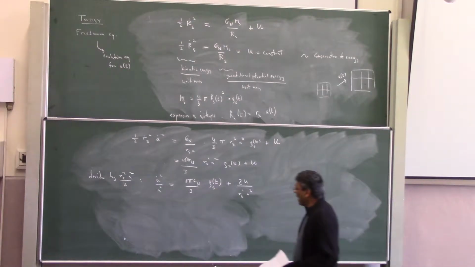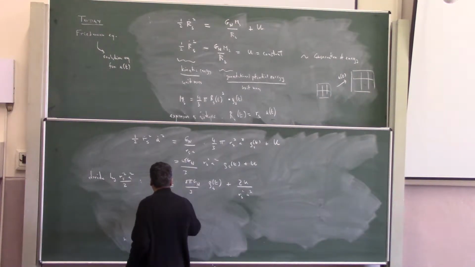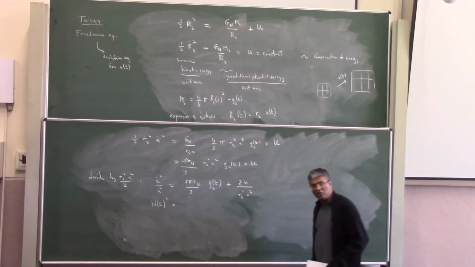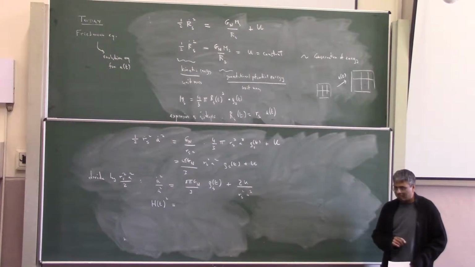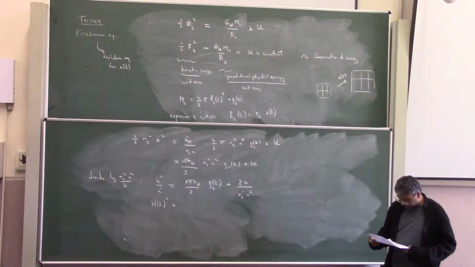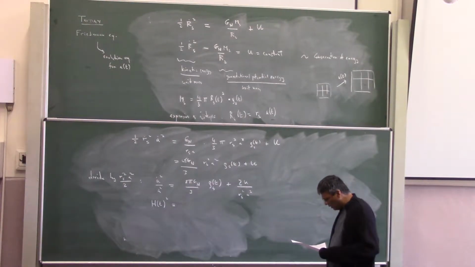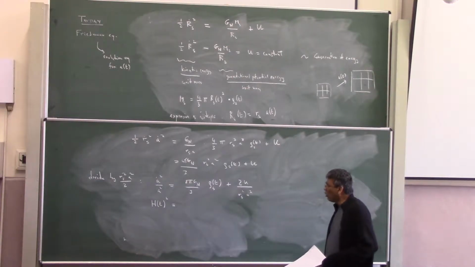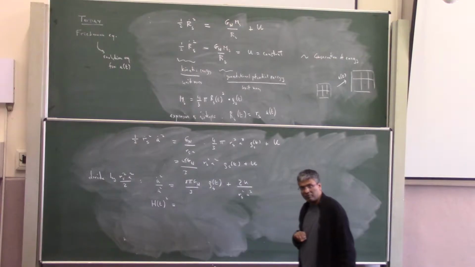And we notice that A dot over A is H of t, so we have an equation for the Hubble parameter as a function of time. We only see the ratio A dot squared over A squared.